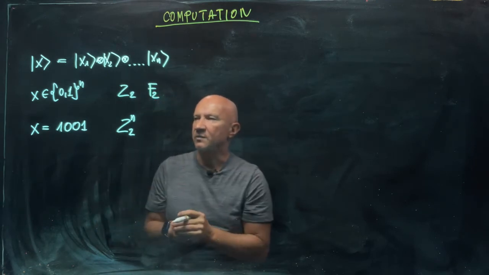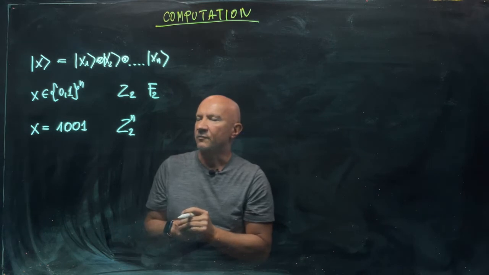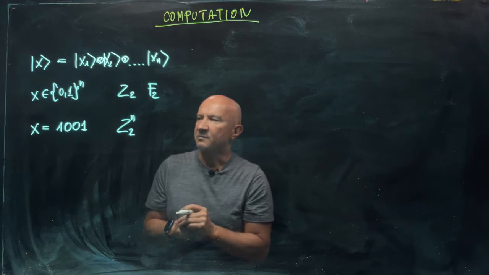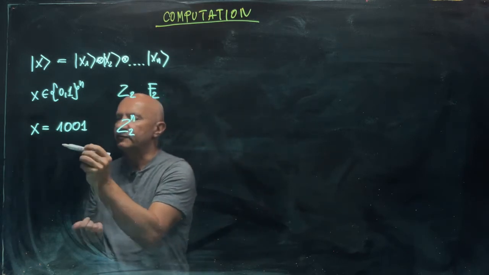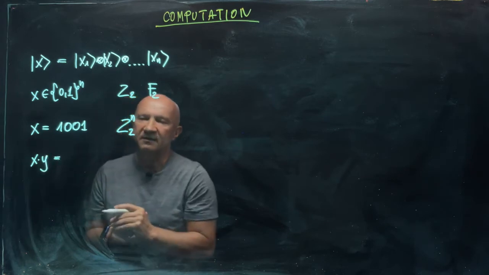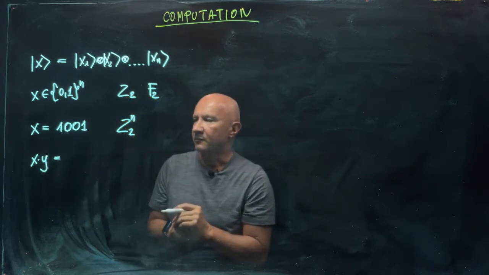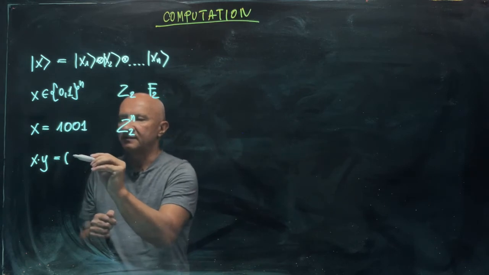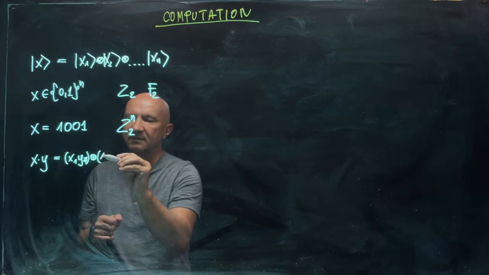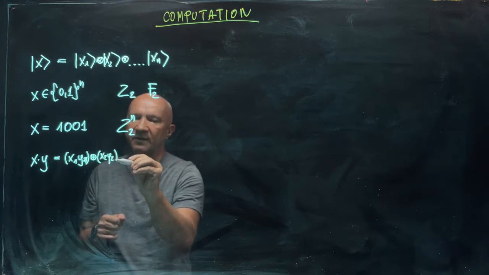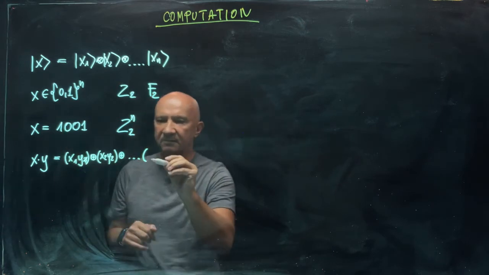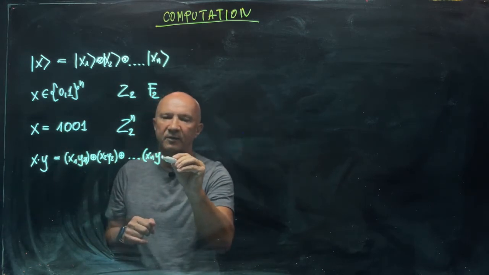When you have n qubits, you can play with binary strings, and as I said, you can think about them as binary vectors. So for example, if you have two binary strings, x and y, you can define the scalar product of the two as x1 times y1, plus x2 times y2, plus all the way to xn times yn.